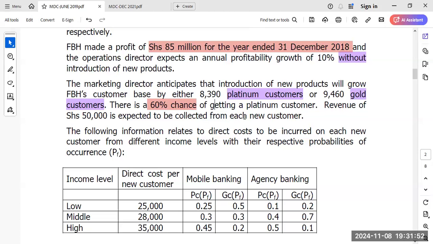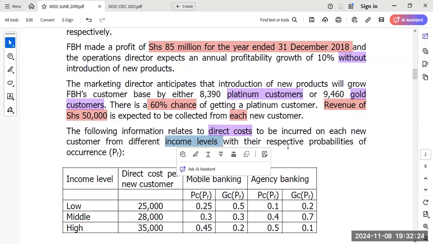Revenue of shillings 50,000 is expected to be collected from each new customer. This is your revenue. You know the reason why you're given revenue, from each customer. The following information relates to direct costs. Remember, direct costs are variable costs. They are to be incurred on each new customer from different income levels.